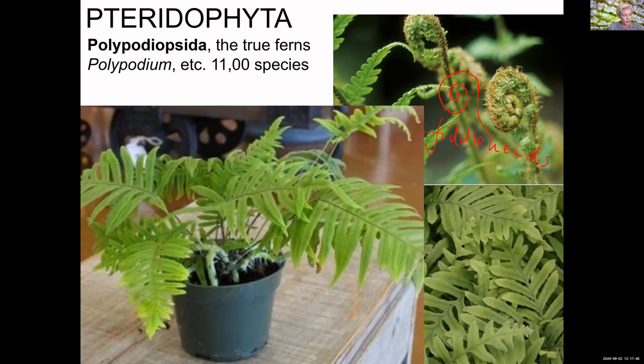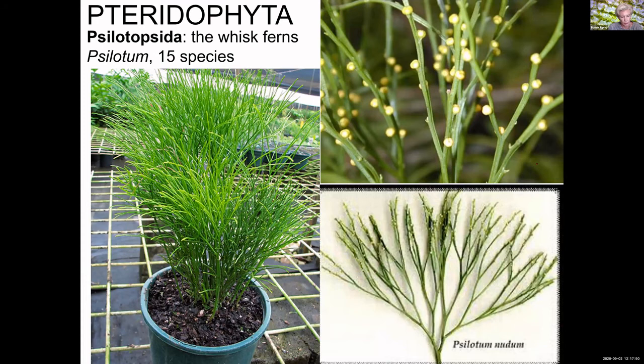Another group within the pteridophytes are the whisk ferns. If you think about a whisk broom, that's one that you can use to brush some crumbs out of the kitchen floor. It's kind of a small broom. So if you imagine taking one of these Psilotum plants and turning it upside down, you could actually whisk with it. This is what Psilotum looks like. All 15 species look basically like this. Their body branches in two.